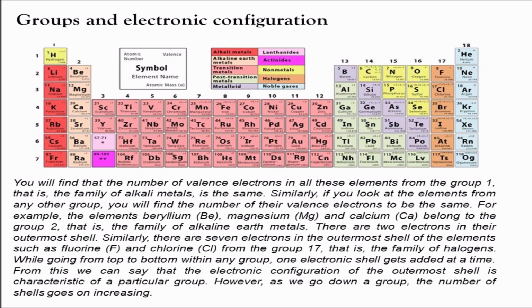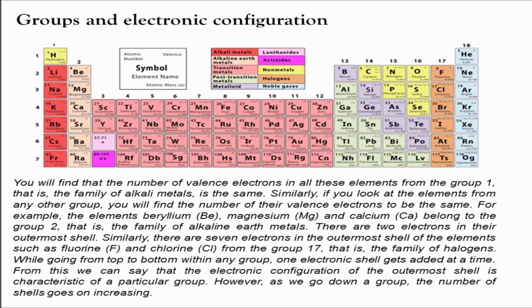That is the family of halogens. While going from top to bottom within the group, one electronic shell gets added at that time. From this we can say that the electronic configuration of the outermost shell is characteristic of a particular group.